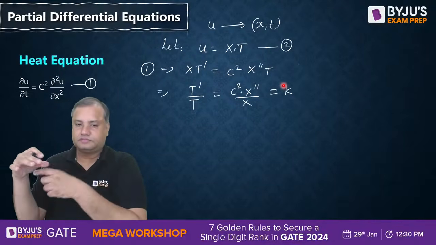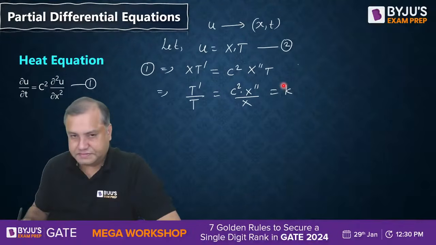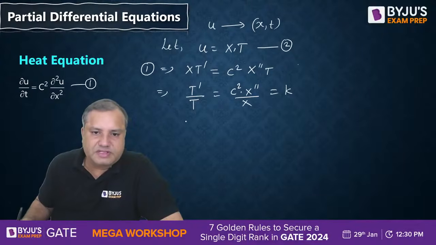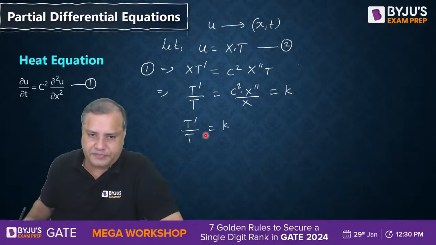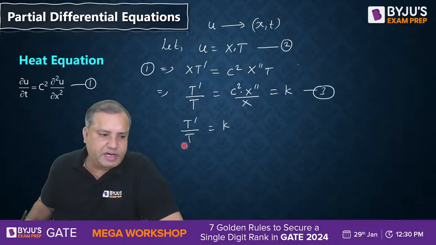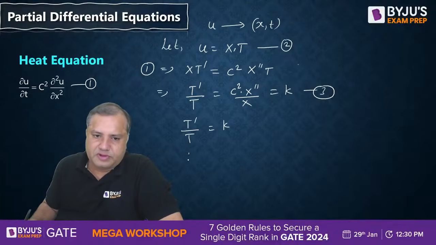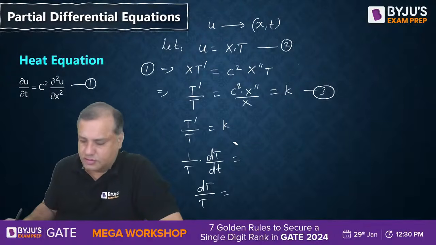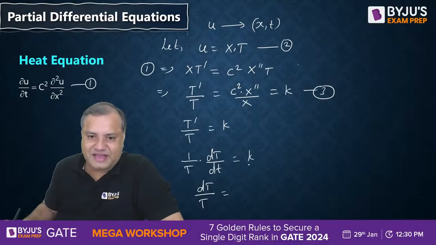Now see here. We will consider two parts. T dash by T equal to k. So 1 by T, dT by dt equal to k. So dT by T equal to k dt.